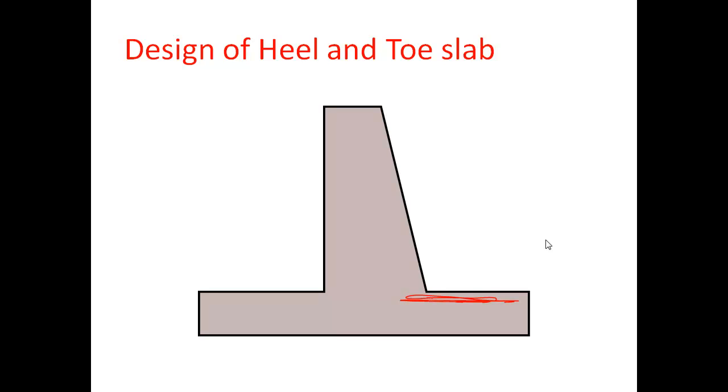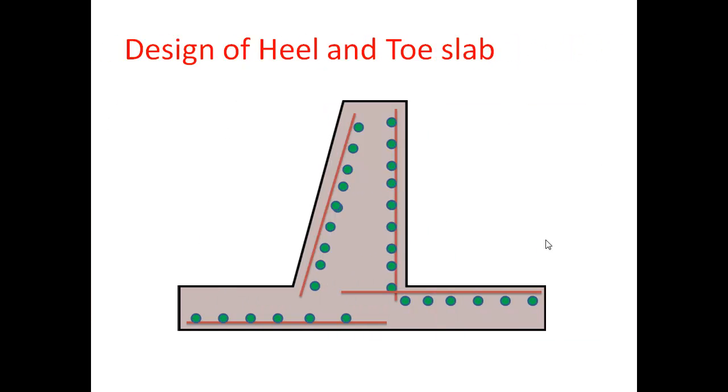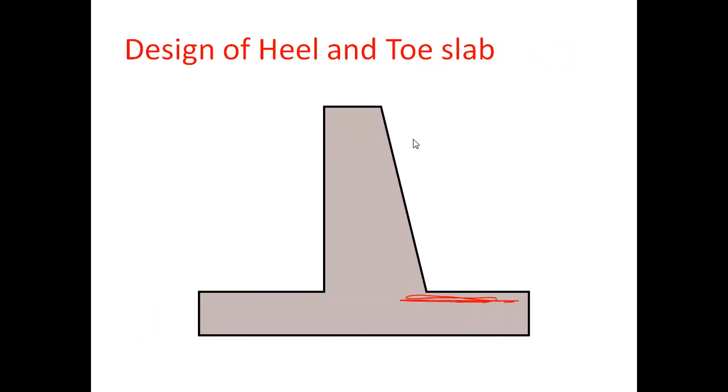That is Mu equals 0.87 fy Ast d into 1 minus Ast fy divided by b d fck. That is clause G-1.1b. Okay. From this we will find out the main reinforcement area.